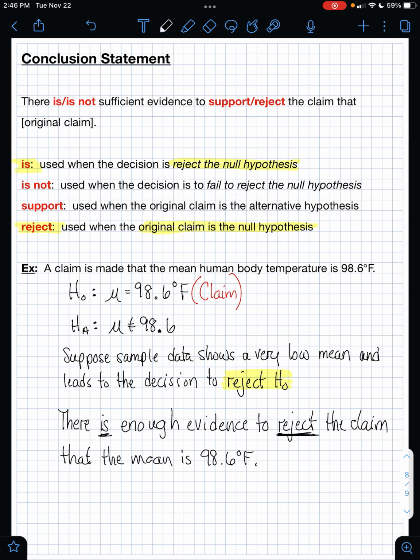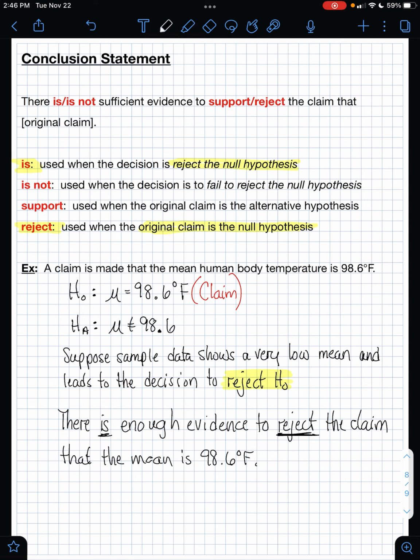So we have this claim, we do a hypothesis test, and suppose that our sample data shows a very low mean, and we make the decision to reject H sub 0. So our sample data is providing evidence to say that H sub 0 is wrong. So there is enough evidence to reject the claim.